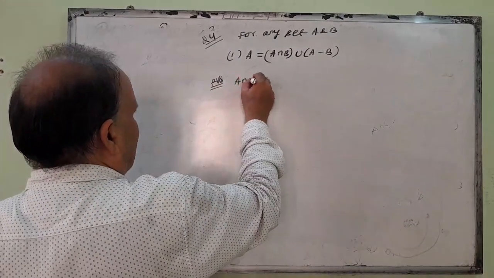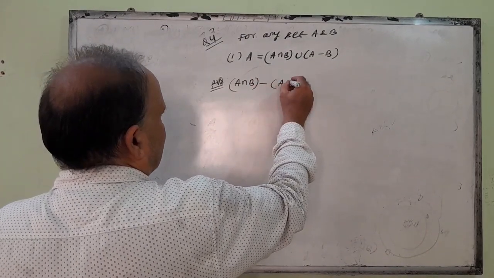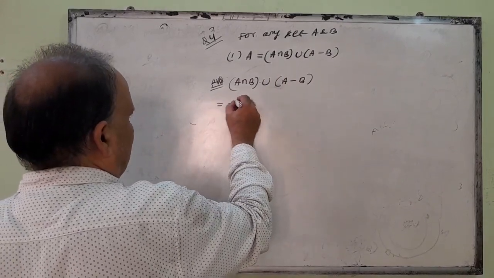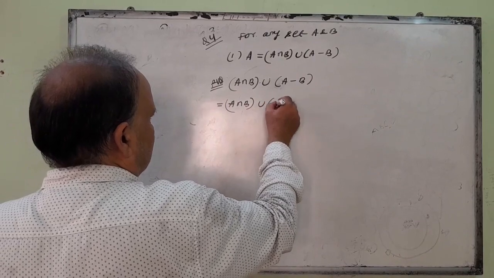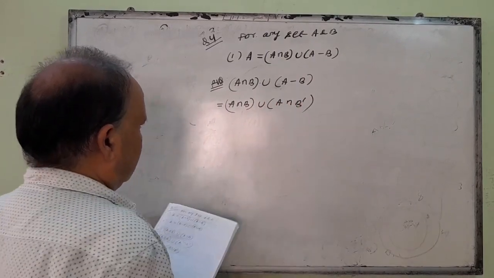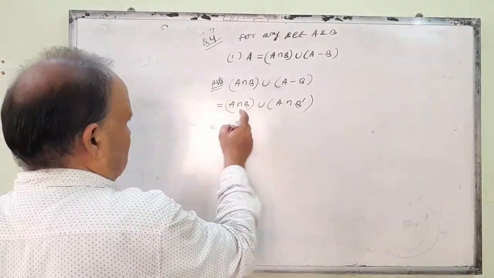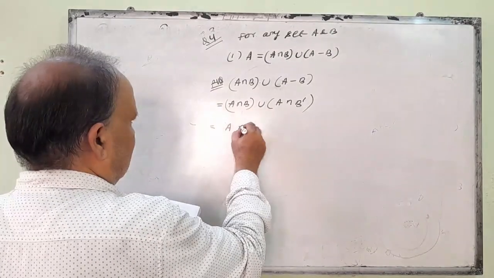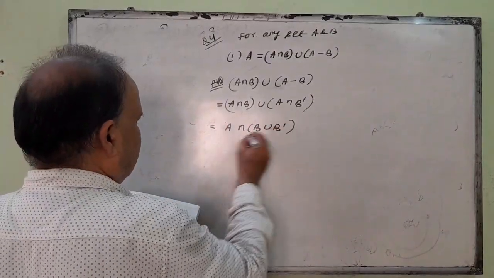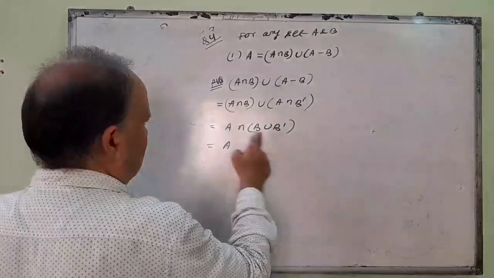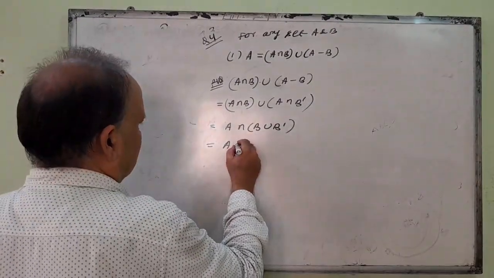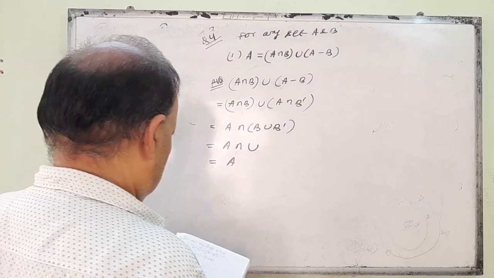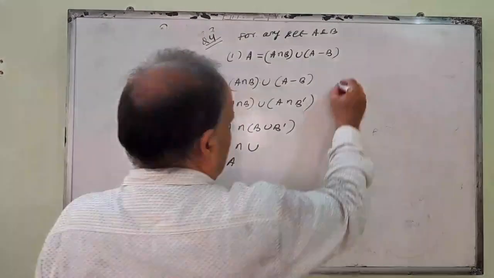That is (A intersection B) union (A minus B), equal to (A intersection B) union (A intersection B dash). Use the reverse distributive law: A intersection (B union B dash), that is A intersection U, the universal set, that is equal to A.